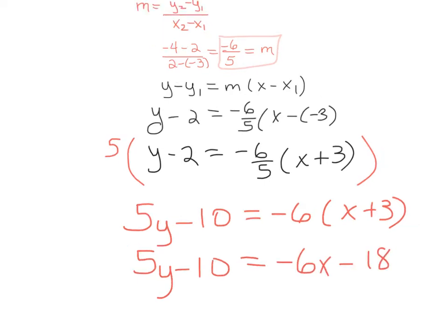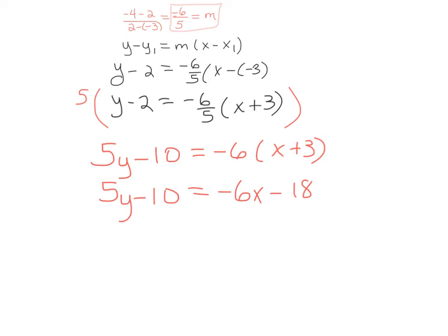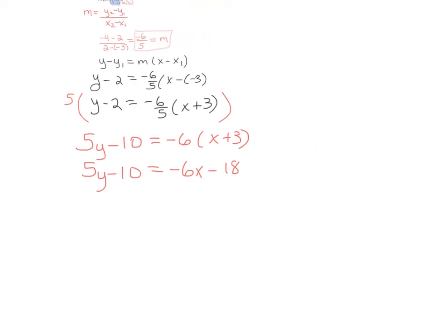And now at this point, depending on what the question has asked you, what form to leave it in, we're either going to put it into standard form or slope-intercept form from this point. So what I'm going to actually do is rewrite this over here, and I'm going to show you transforming both ways.